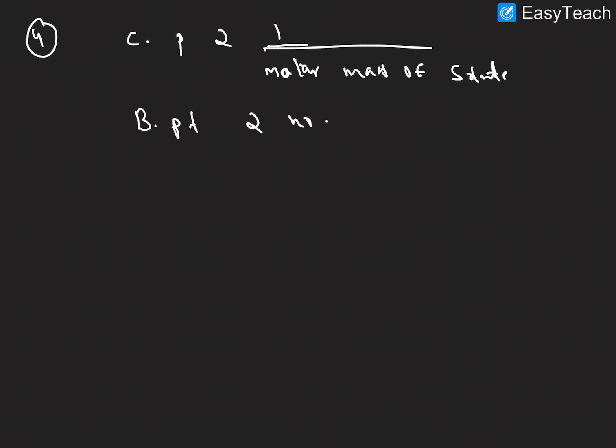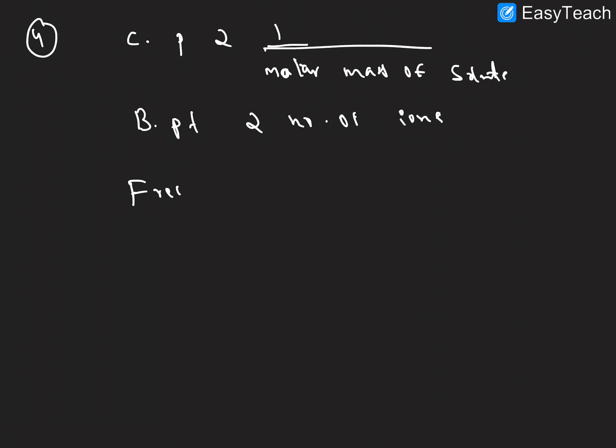Next, the fourth point, a very important point. The colligative property is inversely proportional to the molar mass of solute, right? But elevation of boiling point is directly proportional to the number of ions.